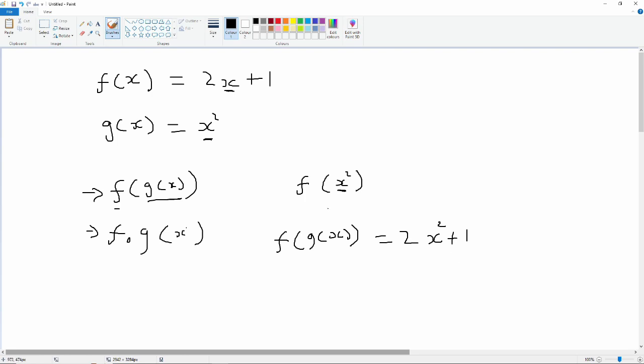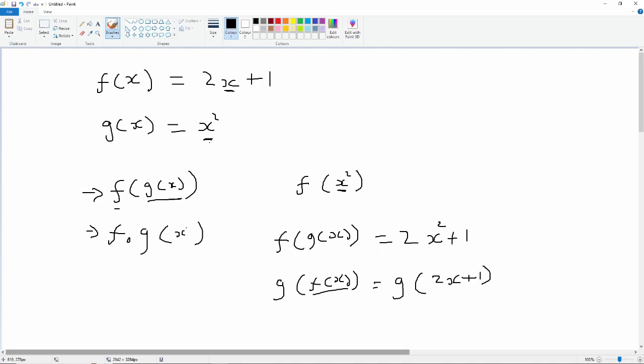Now we could also ask, what if we tried to do it the other way around? For example, what is g of f of x? Well, f of x is 2x plus 1, so this is equal to g of 2x plus 1.